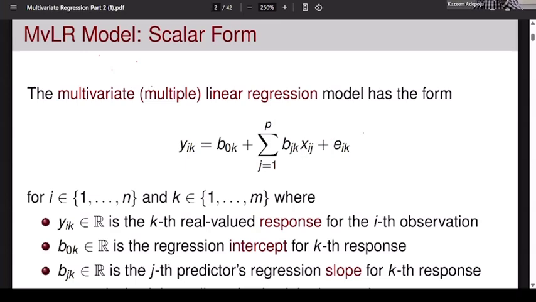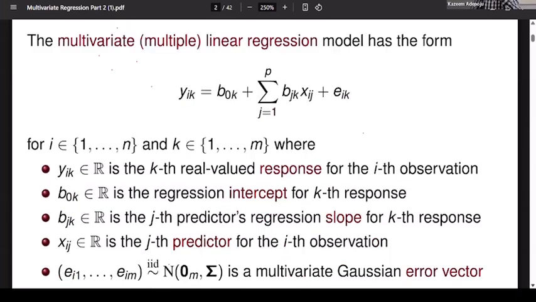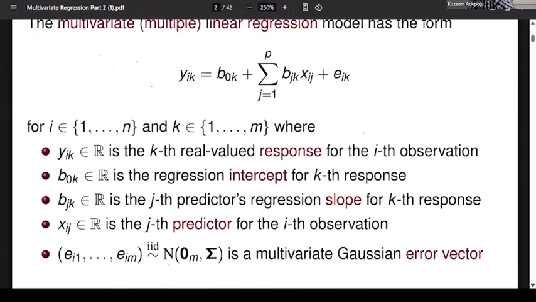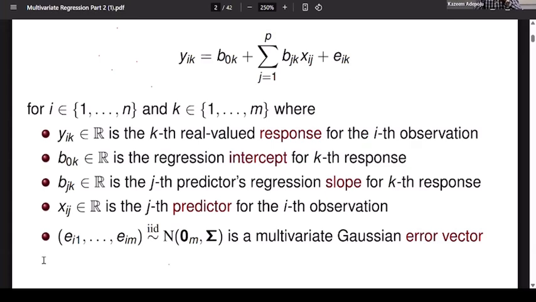And when I ask you to state the model, stating or specifying a model is to define what each term represents. Please pay attention. What do you see now? What does each term represent? And you can see there's a special definition for the error. Look at the error now.